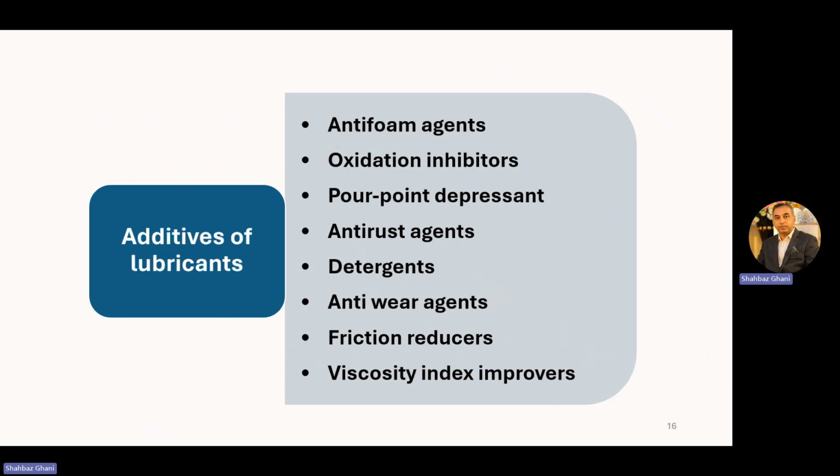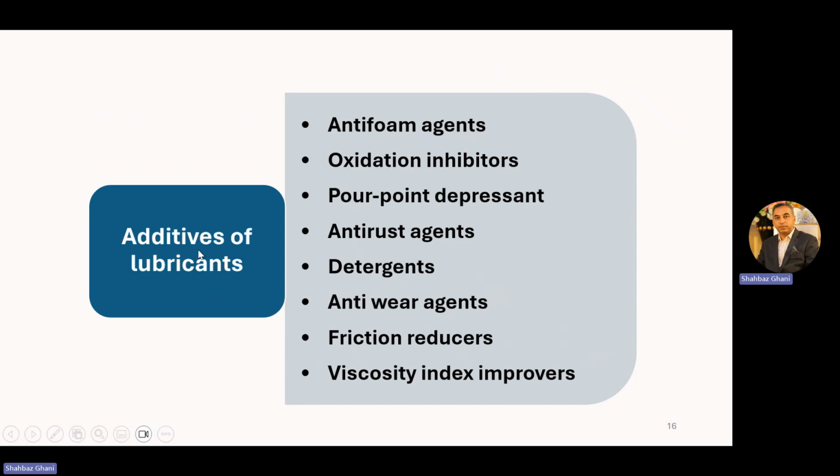Now, the lubricating oil which we are using has different additives in it to enhance different properties. What are the additives which we use in the lubrication system or lubricant oil?